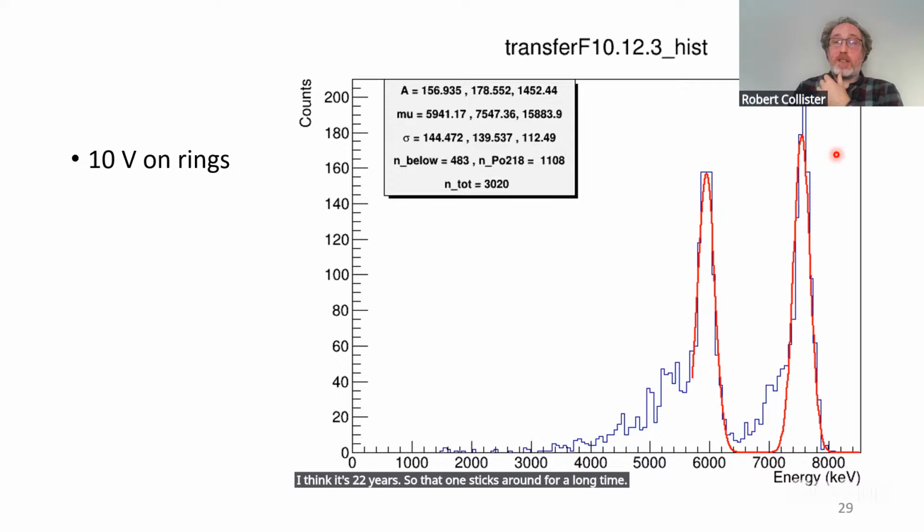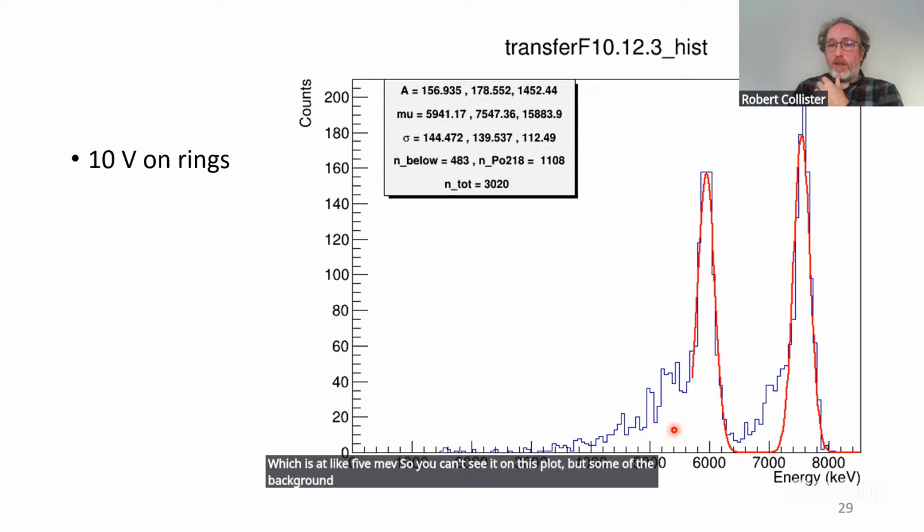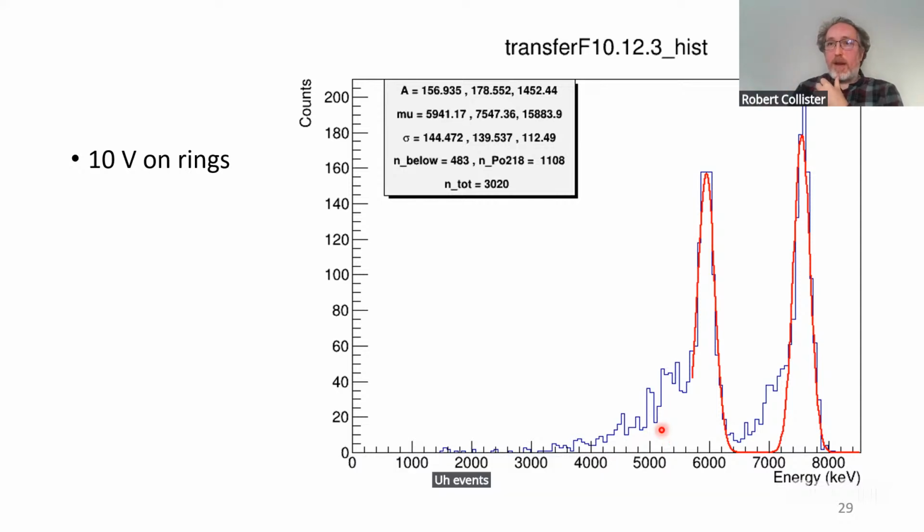But once it does decay, then there's another alpha decay for polonium-210, which is at like 5 MeV. You can't see it on this plot, but some of the background plots do have a little feature under here, a few counts per hour of a background from accumulated events over the many-year lifetime of the detector.